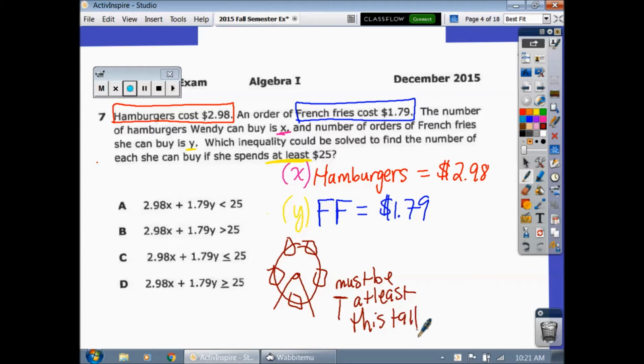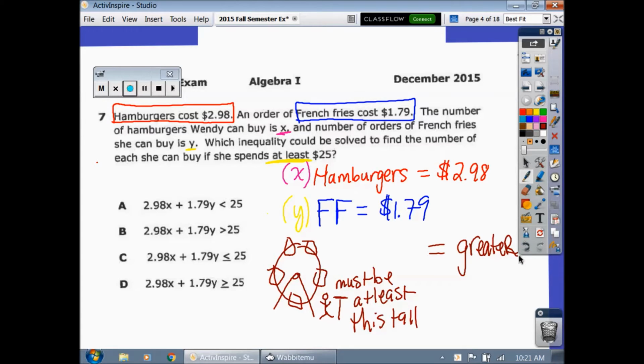So what does that mean? Well, to be at least this tall, here's a person, they can be equal to that height, or they can be greater than, right? Because if you're taller, you can ride the ride. I can't ride there, obviously. So you can be greater than or equal.